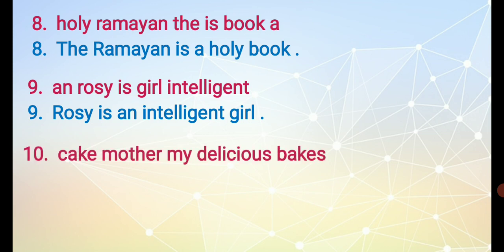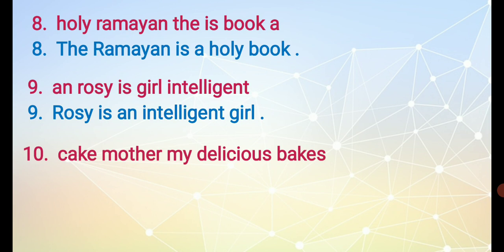Let's move on. "Cake mother my delicious bakes." Now just think about what is the active part of the sentence? My mother. Then what is my mother doing? Bakes. What does my mother bake? Cake. How is the cake? Delicious.